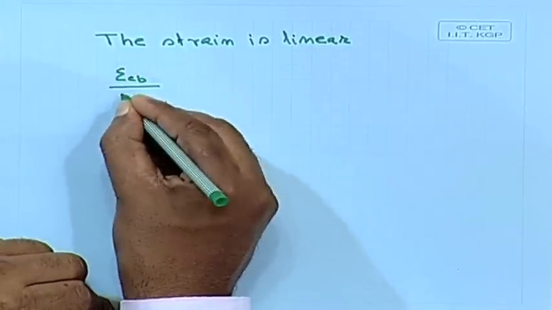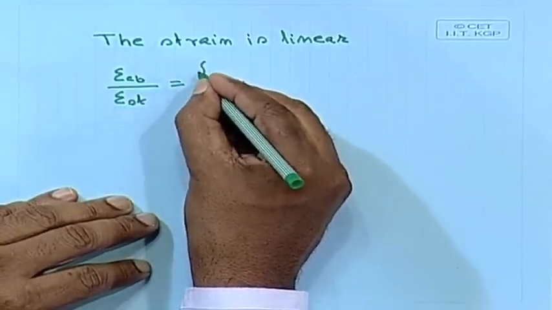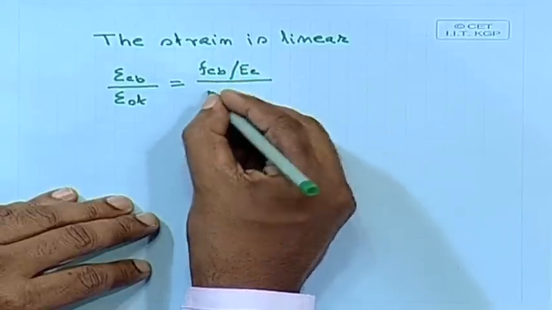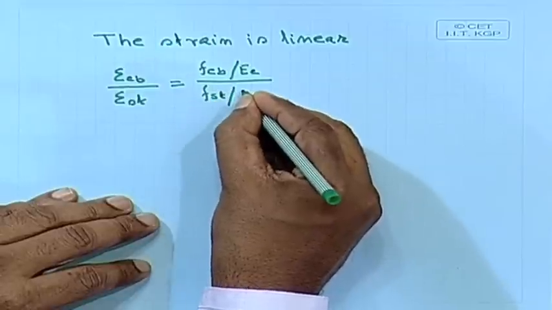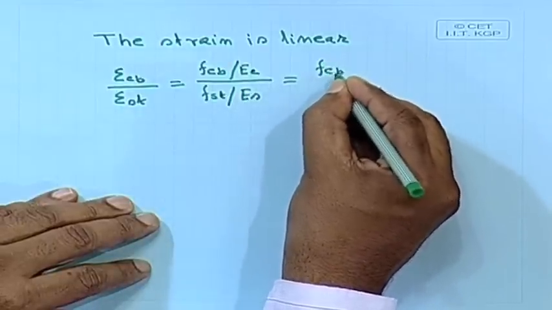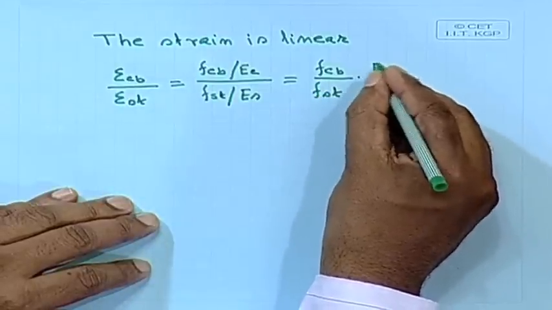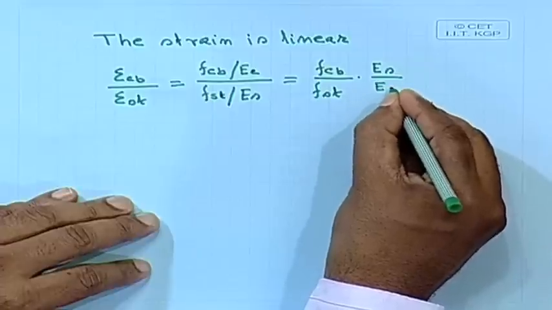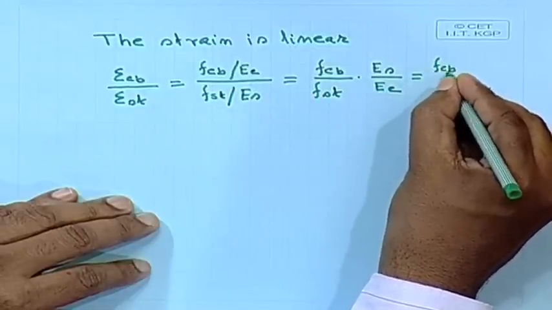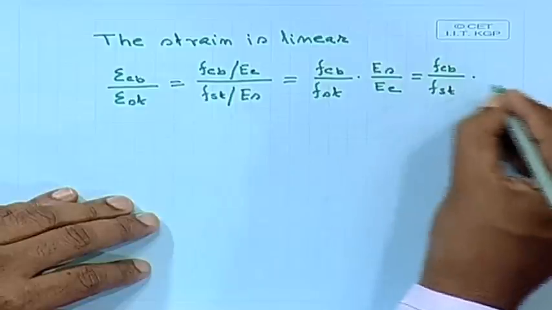Epsilon_cb by epsilon_st equal to F_cb by E_c divided by F_st by E_s. Rearranging, F_cb by F_st times E_s by E_c equal to F_cb by F_st times m.